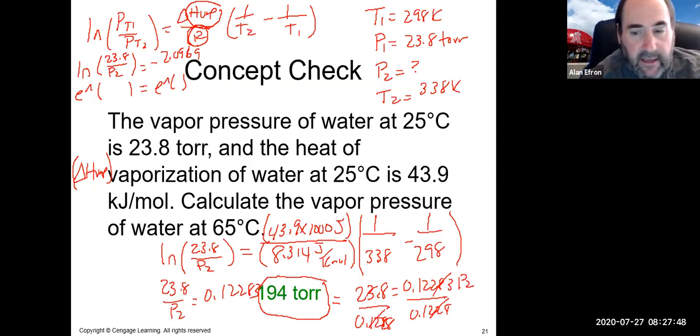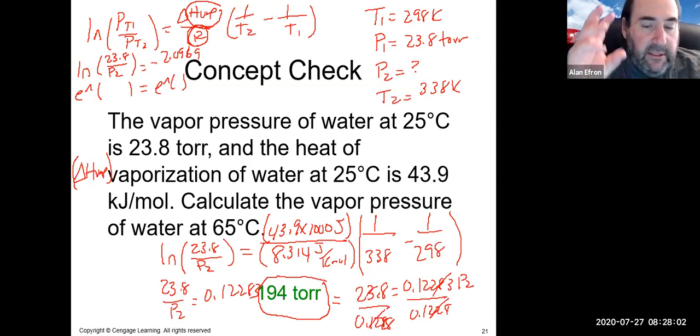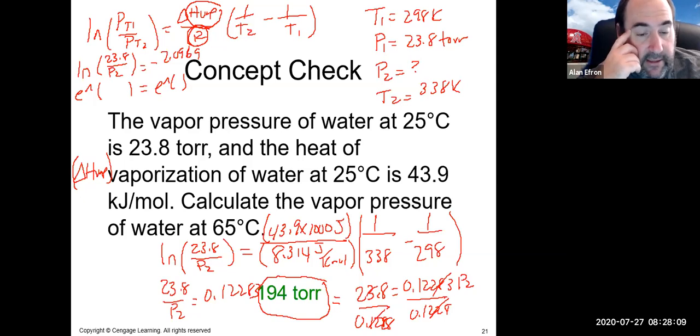If we increase the temperature, we get a lot more movement of gases. Also, if we increase the temperature, that's going to allow a lot more liquid to go from the liquid phase to the gas phase, right? Everybody's going to gain more energy. They're going to have more energy to escape and go into the gas phase. And that's what we see here with the pressures. The pressure goes up extremely as the temperature goes up.